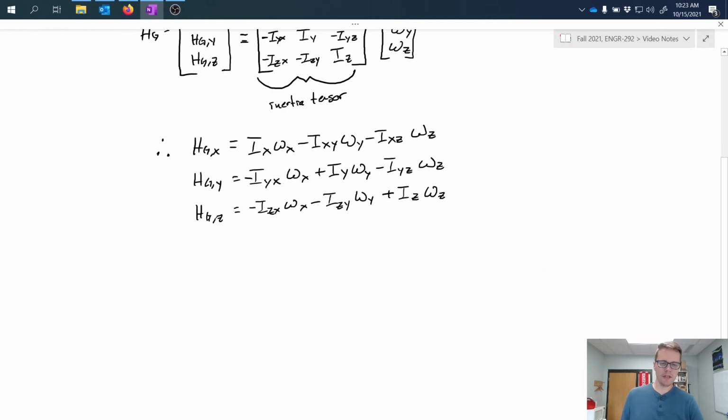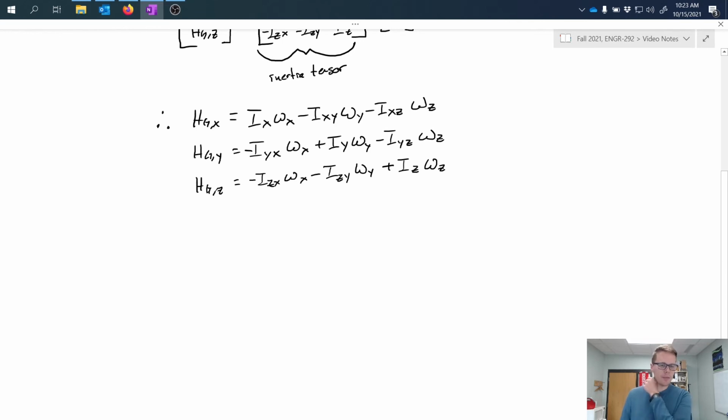Now within these equations, we need to think about how the various components, moments of inertia and products of inertia, are defined. So in order to define these inertial quantities, I want to think about this in terms of my coordinate system.